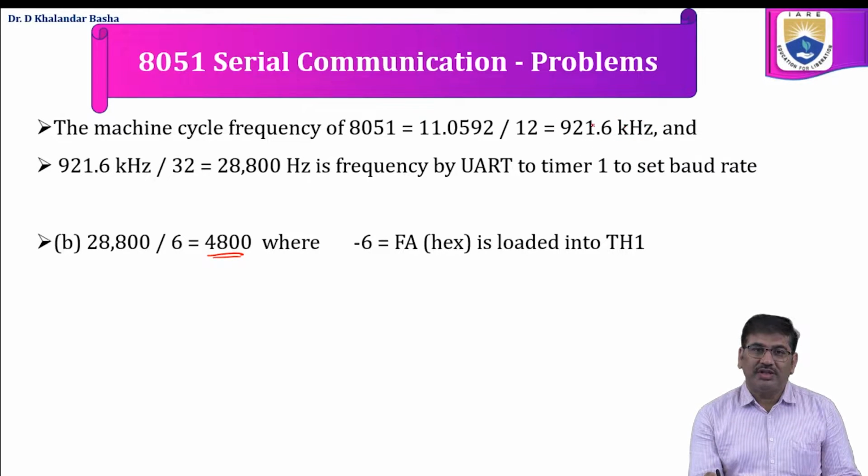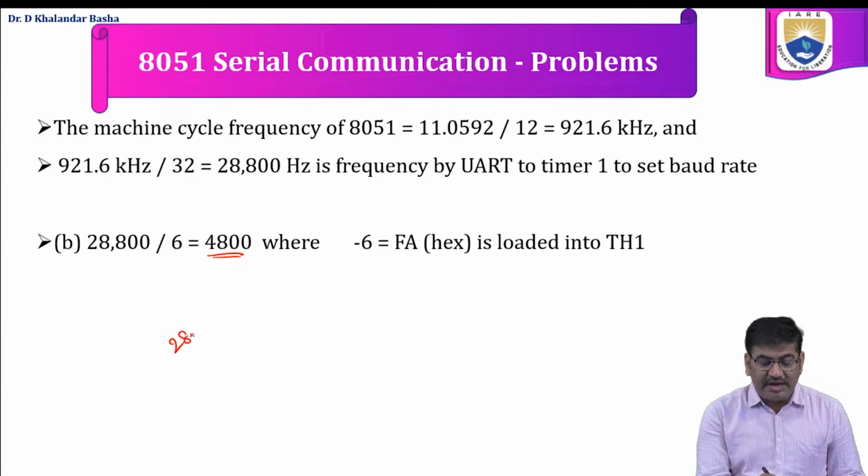From this frequency, we are going to generate the baud rate frequency to be given for Timer 1 in auto reload mode, which is the machine cycle frequency, 921.6 kilohertz, divided by 32, which will generate 28,800 hertz.